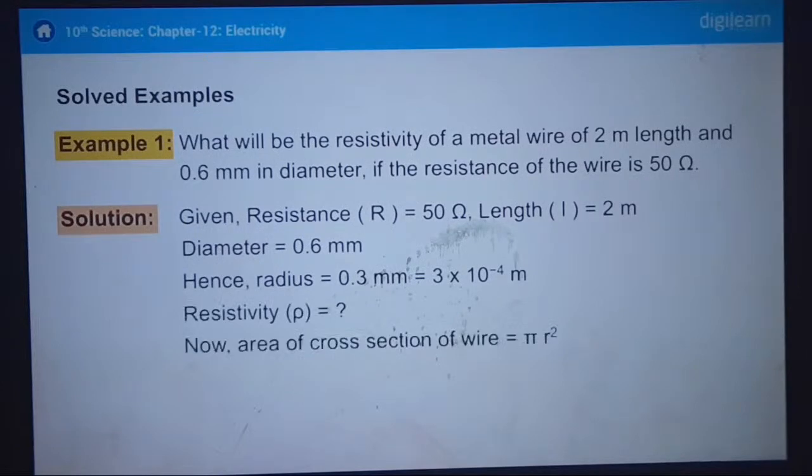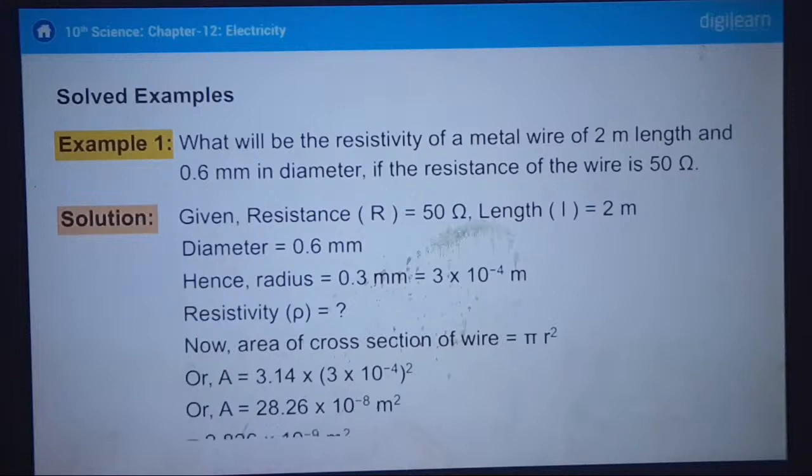Now, area of cross-section of the wire = πr², or A = 3.14 × (3 × 10^-4)², or A = 28.26 × 10^-8 meter square, that is equal to 2.826 × 10^-9 meter square.